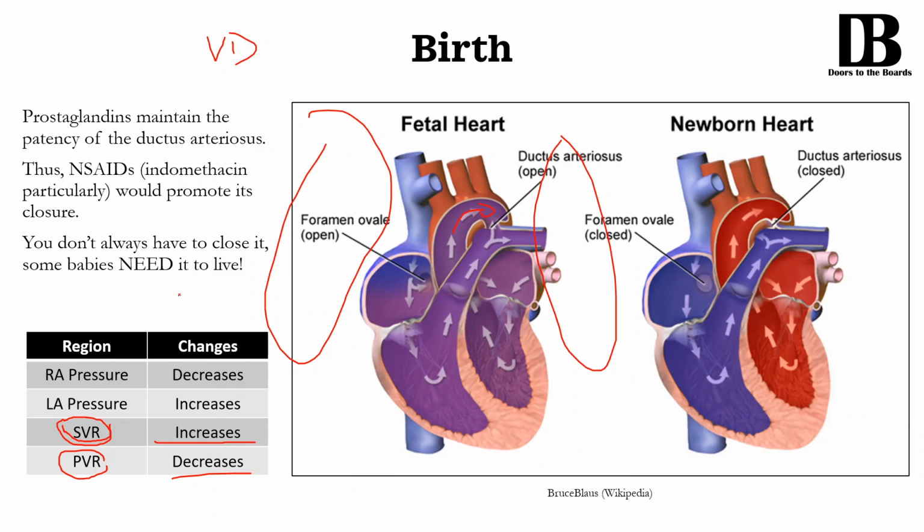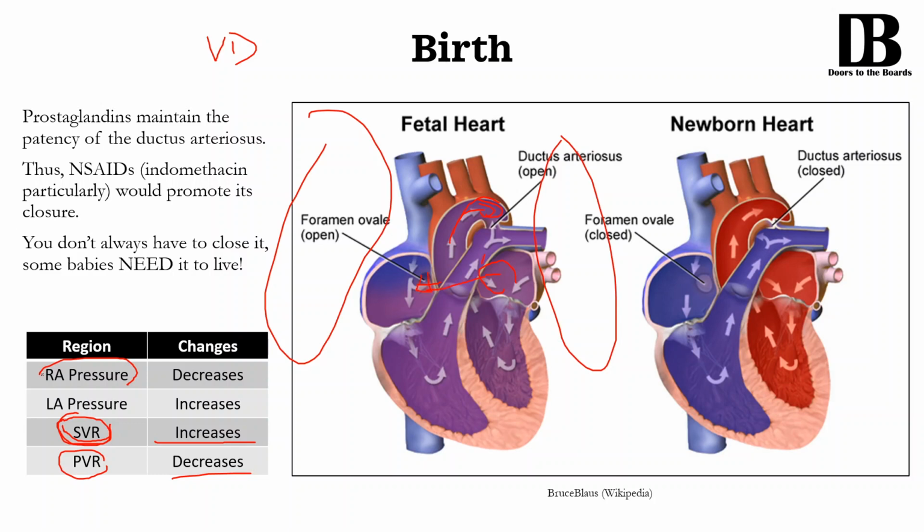However, now, since the baby can breathe for himself and provide his own oxygenated blood, we don't need that anymore, so systemic vascular resistance goes up due to the loss of the placenta. So now, due to the rise in pressure in the aorta, as well as the decrease in pressure of the pulmonary trunk, the right atrial pressure decreases to a point where this shunt is not really favored. Instead, the left atrium has more pressure than the right atrium, and therefore, if there was, for example, any defect, blood would be favored to go into the right side of the heart.